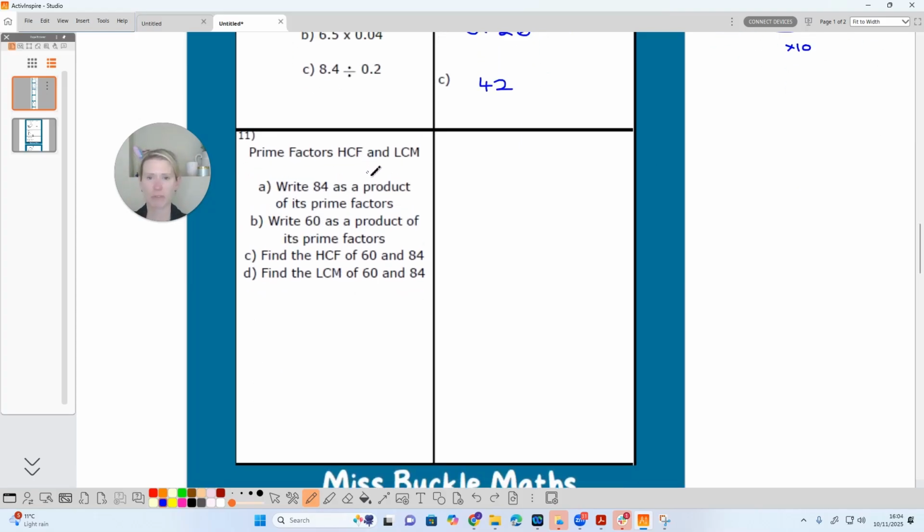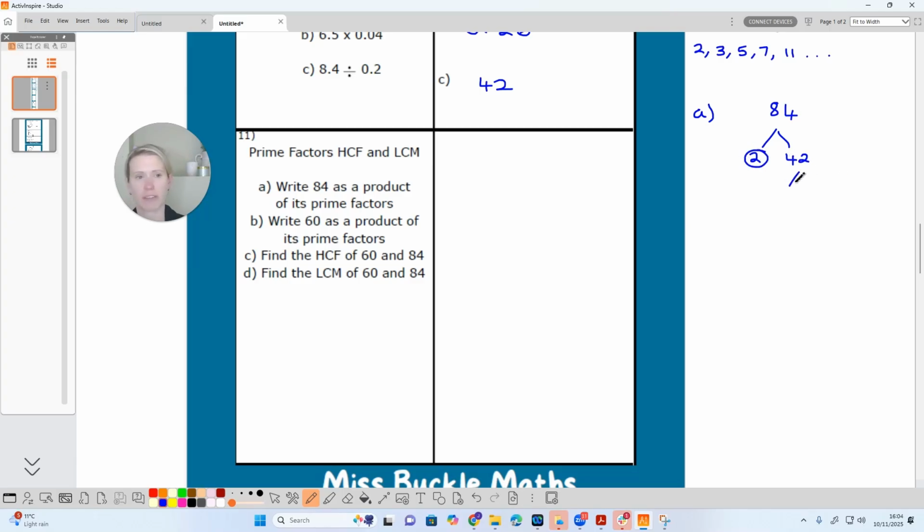Right, prime factors, highest common factor and lowest common multiple. A, right, 84 as a product of its prime factors. We start with the number 84, and we're breaking up 84 into numbers that multiply together to make it, until we get to the prime numbers 2, 3, 5, 7, 11. 84 is the same as 2 multiplied by 42. We've hit a prime number there.